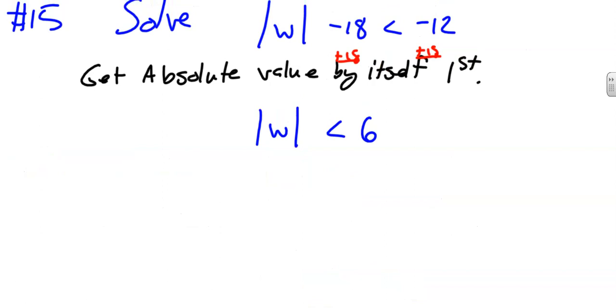Once you do that, this is where you would check it. If this was a negative number, it's a trick question. As long as it's positive, now it's just a normal question. You're going to split this thing up into two parts. Now again, it's less than, so this is going to be just like the problem before. That's going to make it an and statement. So for this one, you're going to sandwich it between the positive and negative 6.